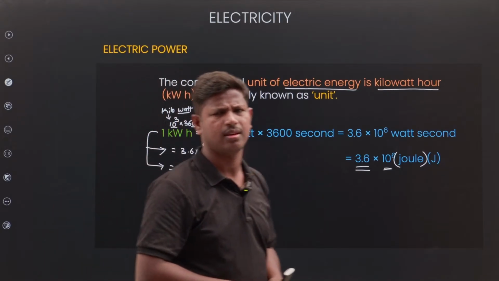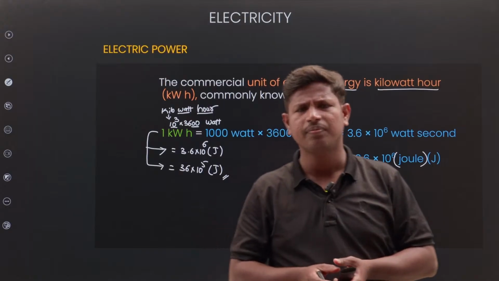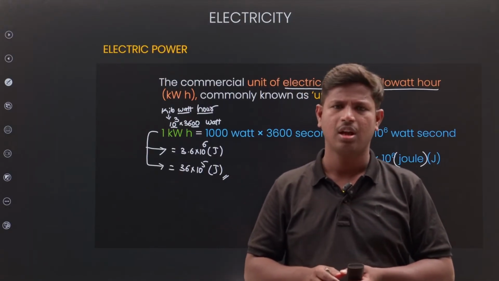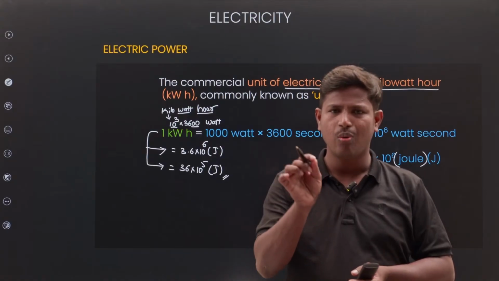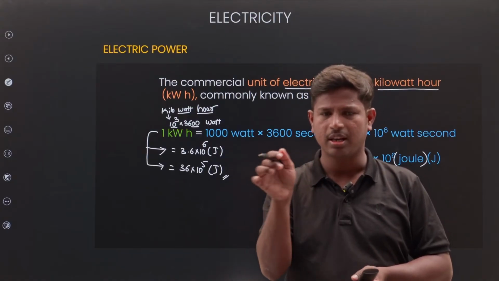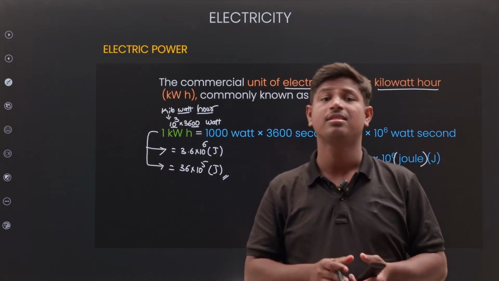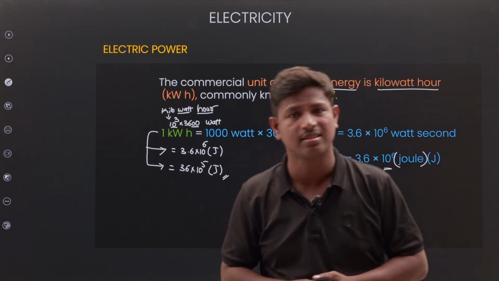This is the way of calculating. Anything you take. What is the kWh? It's a common unit of electrical energy. Kilowatt hour: kilo is 10 to the power of 3, hour is 3600 seconds.